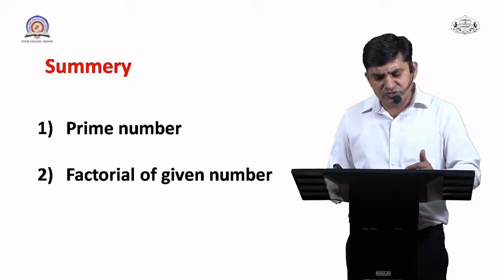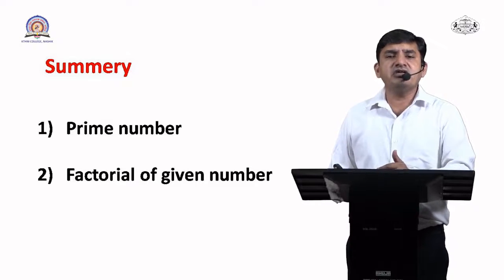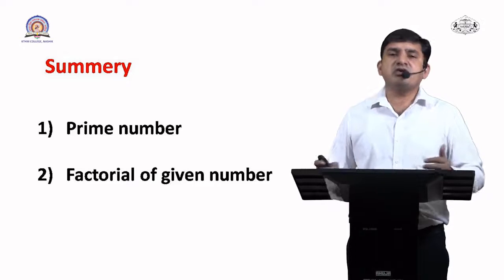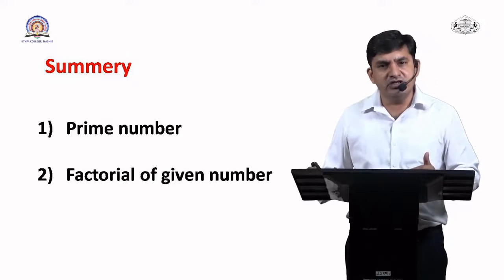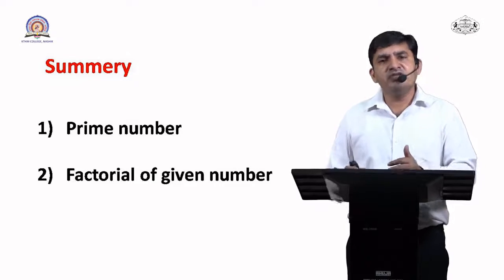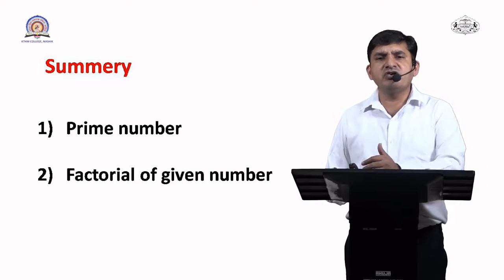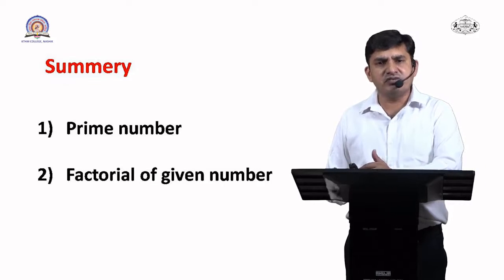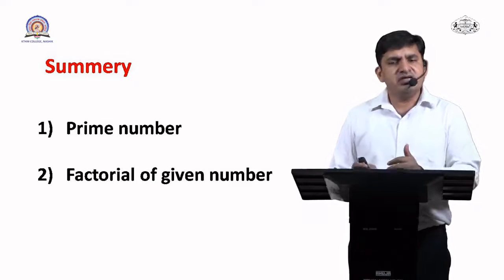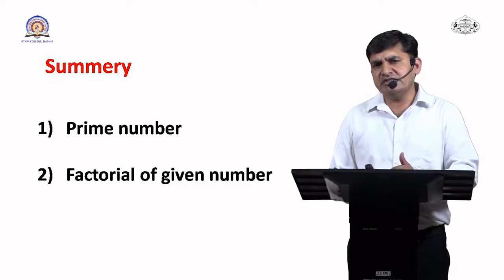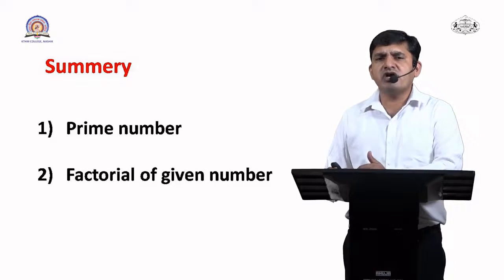In the program we enter the number n whose factorial we have to determine. Then we consider fact is equal to 1, then counter is equal to 2, then fact is equal to fact into counter.